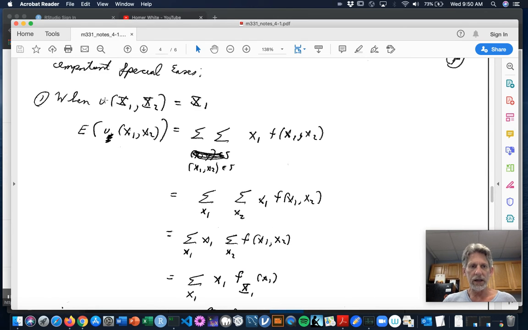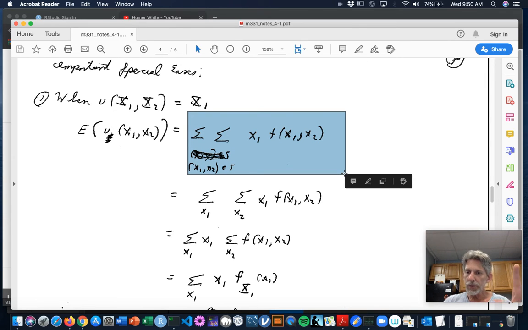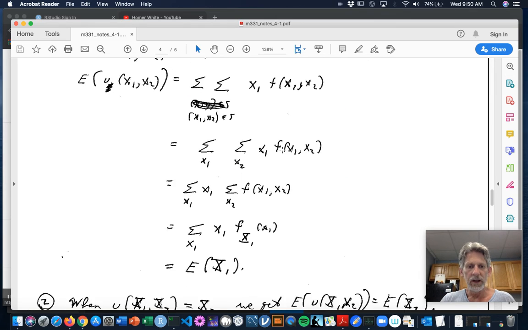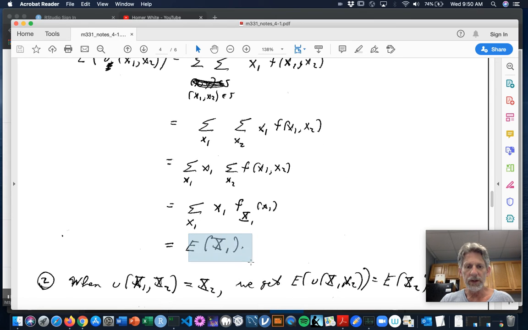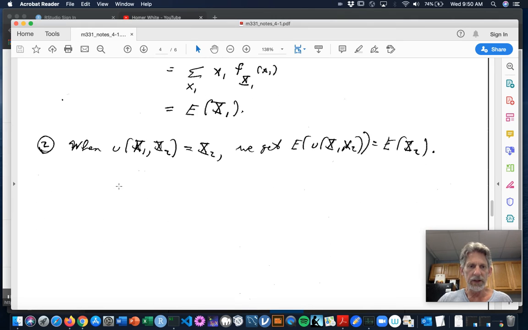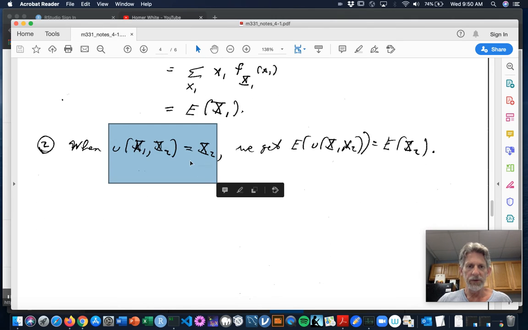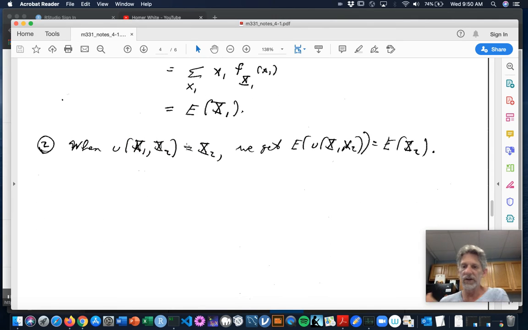So no surprise, when your function is just x1, the expected value of X1 computed by summing over that whole two-dimensional space is the same as what you would get if you just looked at the marginal for X1 and summed along the x's the usual way. And you're going to get a similar result if your function of x1, x2 is the second member of the ordered pair.